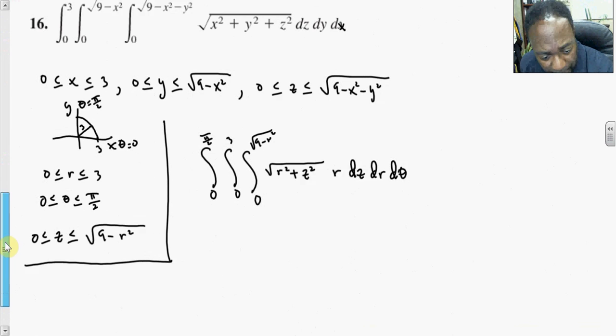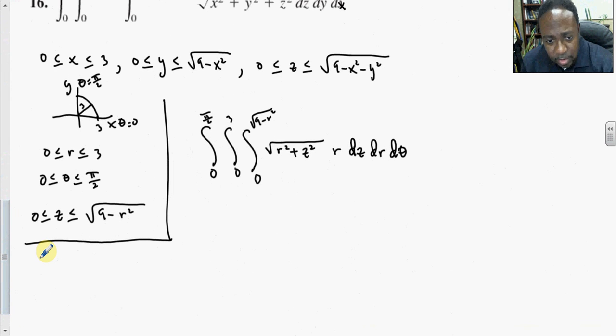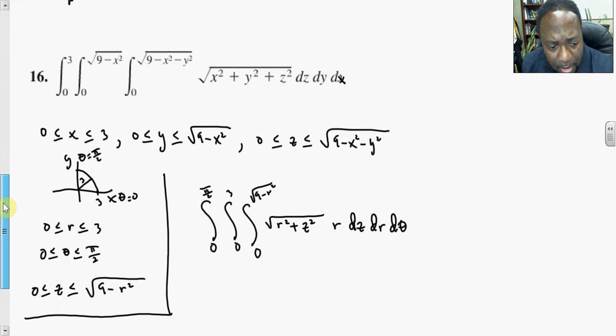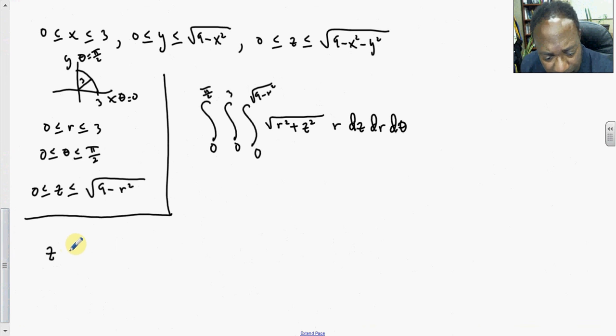Now I will go by the instructions, let's look at converting this to spherical coordinates. For spherical coordinates, we need rho, we need theta, we have the bounds for that, and then we need the bounds for phi. Well, let's take that upper limit for z: z is equal to the square root of 9 minus x squared minus y squared.